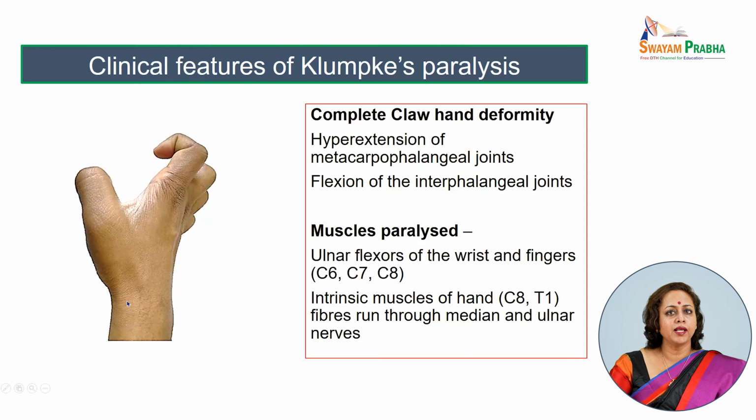The ulnar flexors of the wrist and the ulnar flexors of the fingers with root values C7, C6, C8, and the intrinsic muscles of the hand like the lumbricals and the interossei, because these fibers run in the median and ulnar nerves both. C8 and T1 root values are present in both the ulnar nerve and the median nerve.